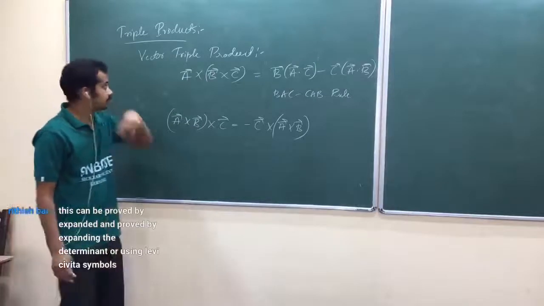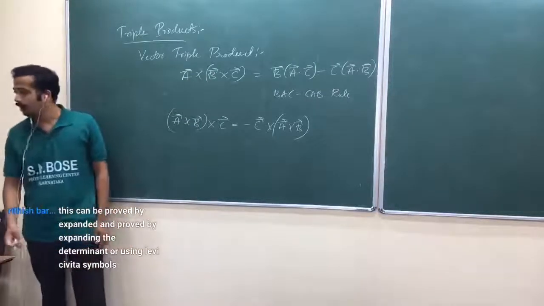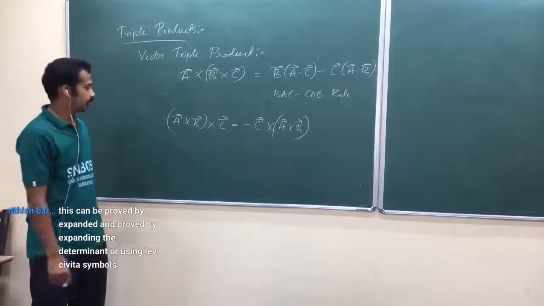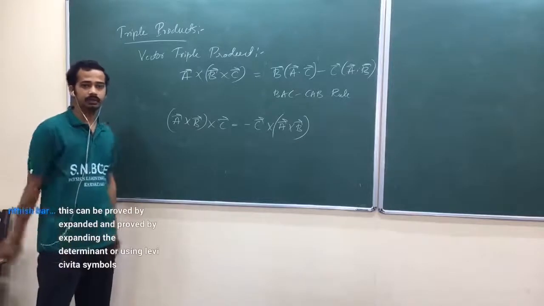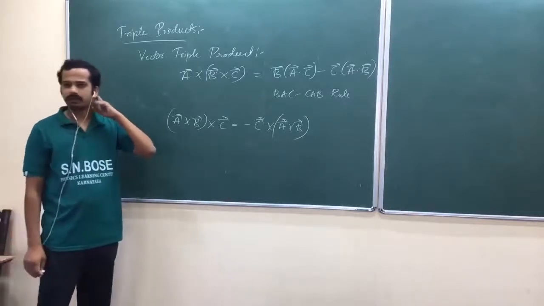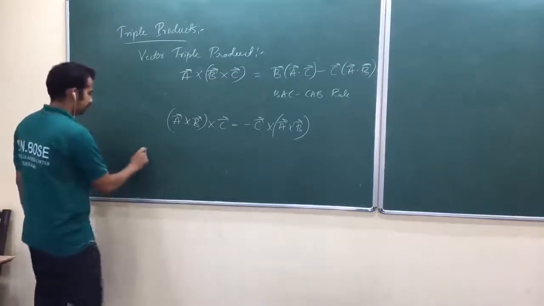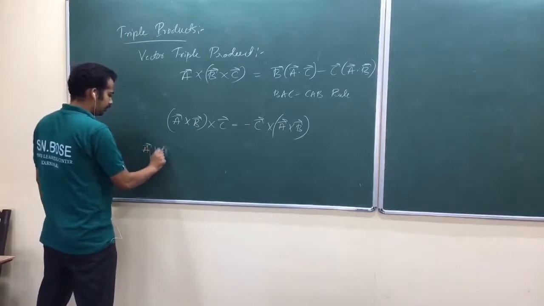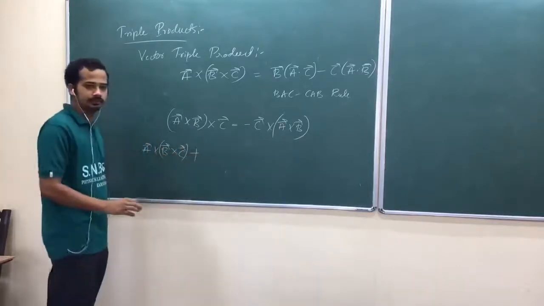But this vector triple product will follow one very important rule, and similar rules exist in many cases. In many cases, suppose you take the Poisson bracket, something similar will usually follow. A cross B cross C, we call this the Jacobi identity, okay?